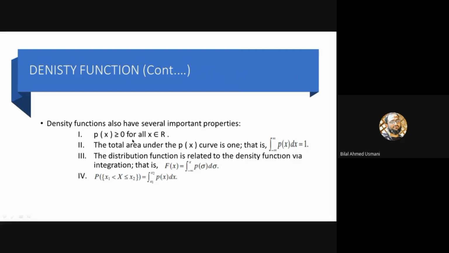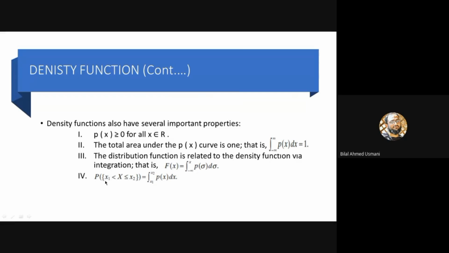So a PDF is always greater than or equal to 0. The total area under the curve is always 1 for a PDF. The distribution function is related to the density function via the integral. So this capital F is the CDF, and this small f is the PDF. In order to find the CDF up to a point x, you need to integrate the PDF from minus infinity to x, and for a discrete random variable it is a sigma, and you will always get the integral or the sum up to that point.